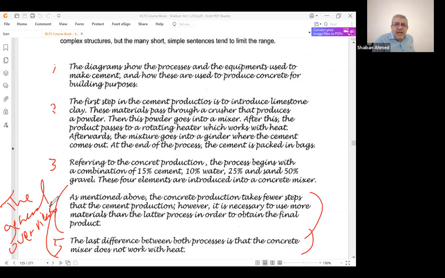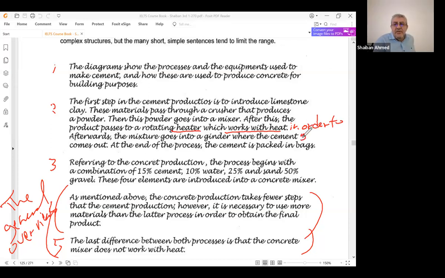So the first limestone passes through a crusher, okay, then the powder goes into a mixer. Yes, a heater, okay, which works with heat in order to what?